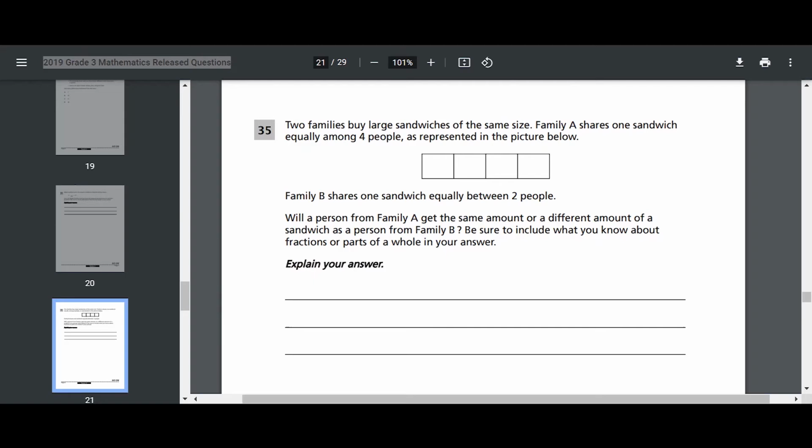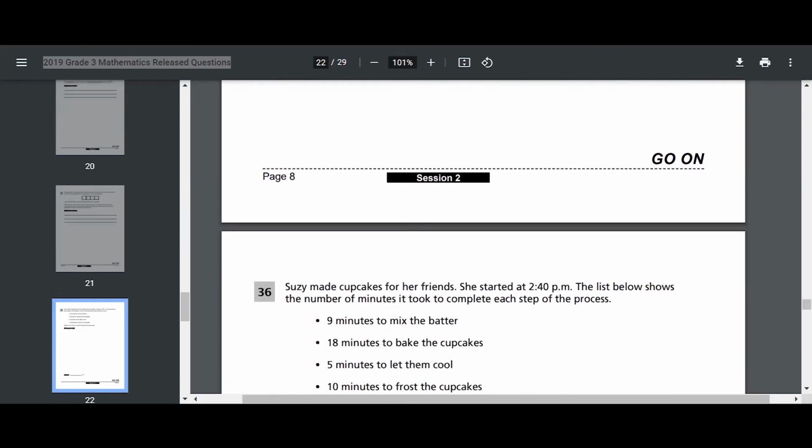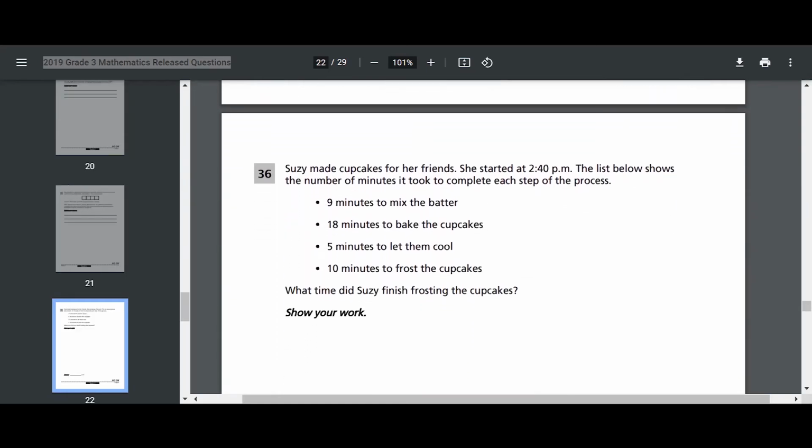Will a person from family A get the same amount or a different amount of a sandwich as a person from family B? Be sure to include what you know about fractions or parts of a whole in your answer. Let's continue down the screen to our next question.